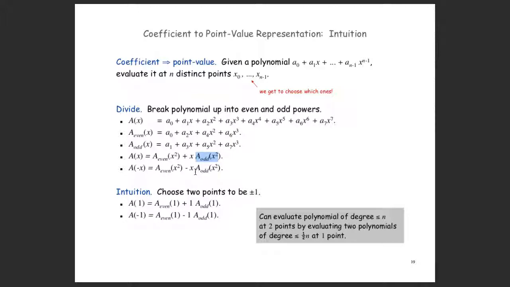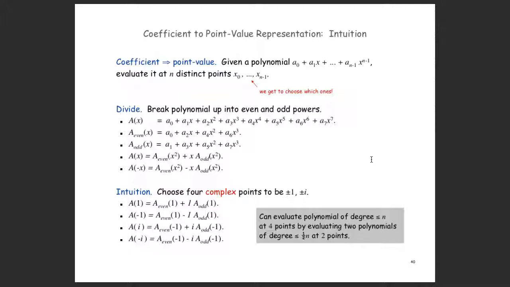My even powers are not going to change if I do minus x, but my odd powers are going to. So I can just evaluate two polynomials of degree half n at one point, and I get two values. The same works with complex numbers.